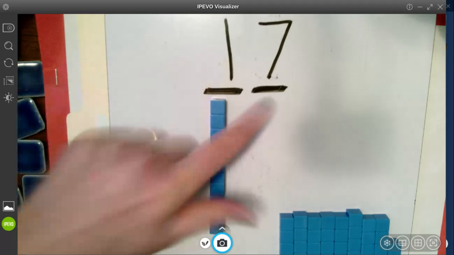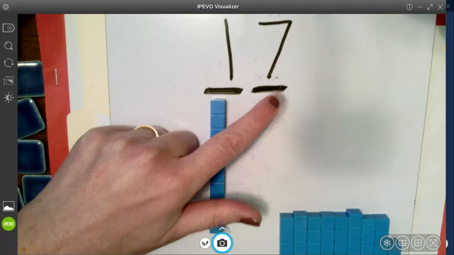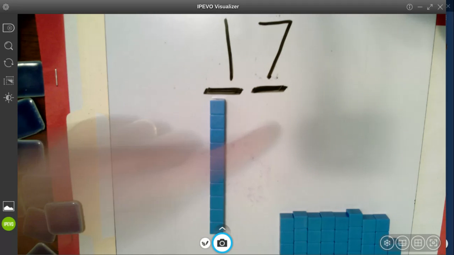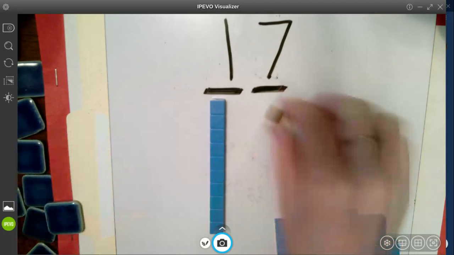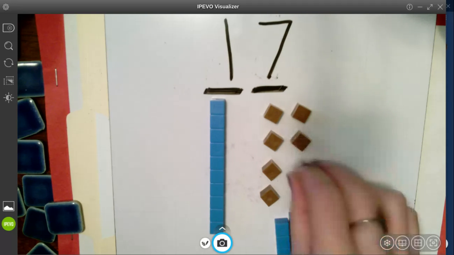And how many 1s should I add for 17? That's right, 7 more 1s. One group of 10 plus 7 more. So I'm going to take my units and I'm going to put my 7 over on this side. 1, 2, 3, 4, 5, 6, 7.